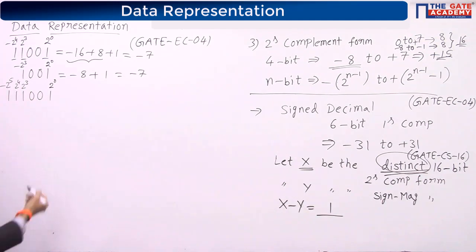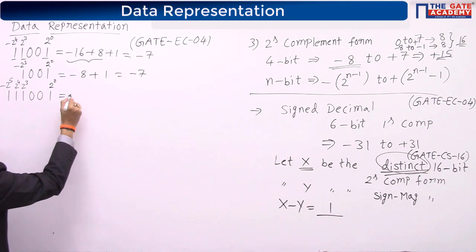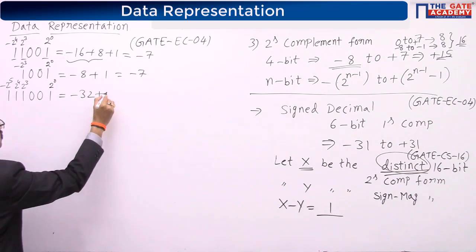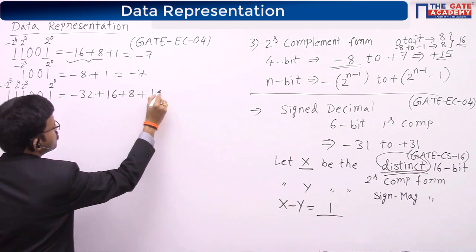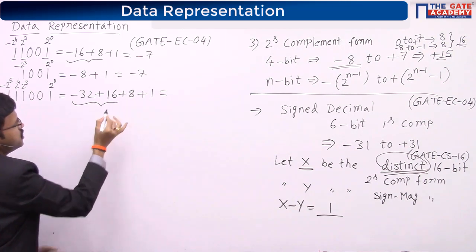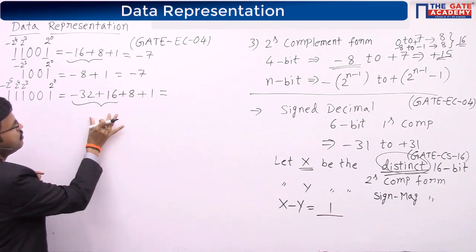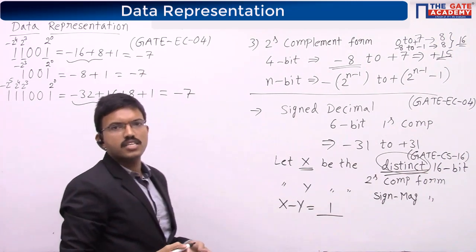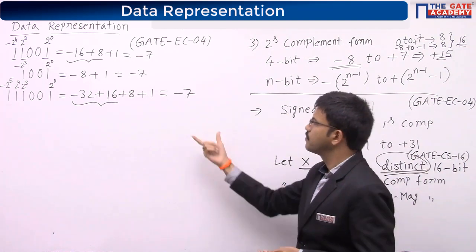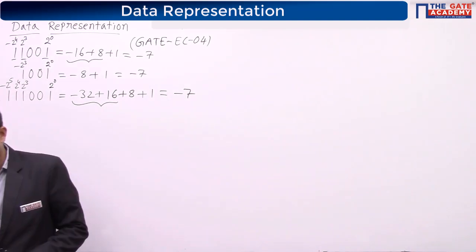Here the sign bit is 1, I am placing minus. So minus 32 plus 16 plus 8 plus 1. Minus 32 plus 16 is minus 16. Minus 16 plus 8 plus 1 is nothing but minus 7. So we are getting the same number, minus 7. So the answer is minus 7.